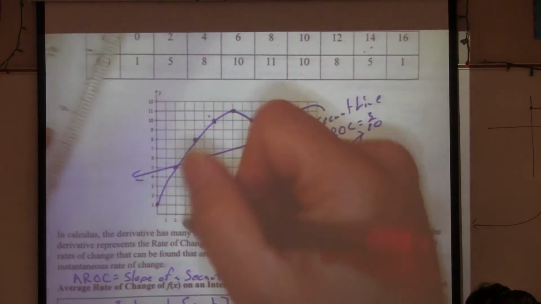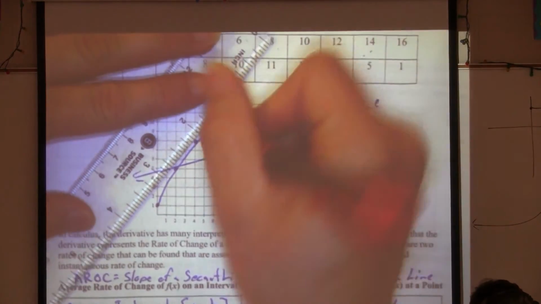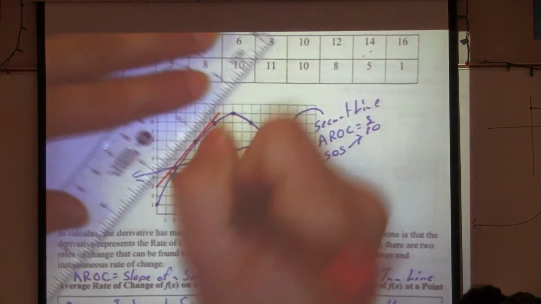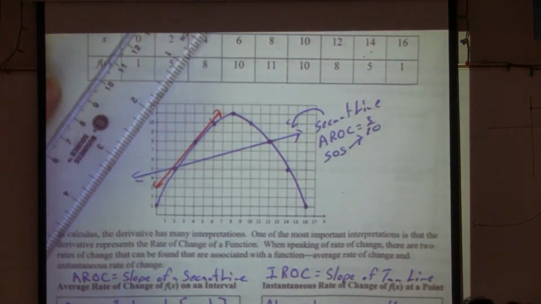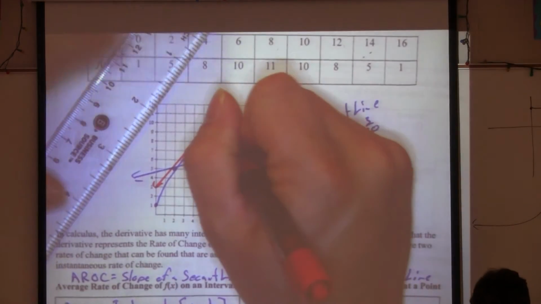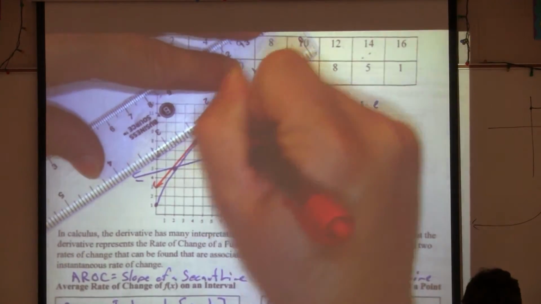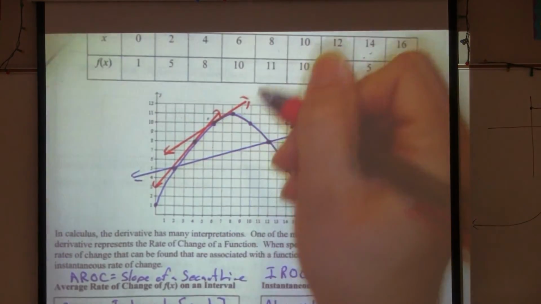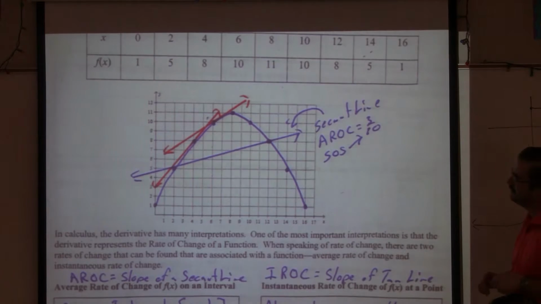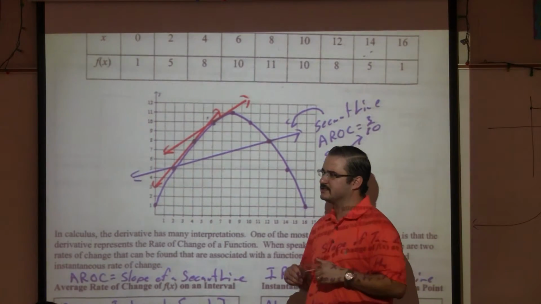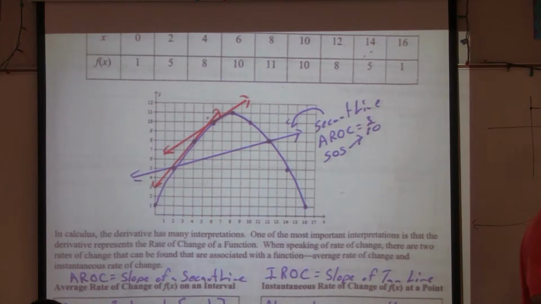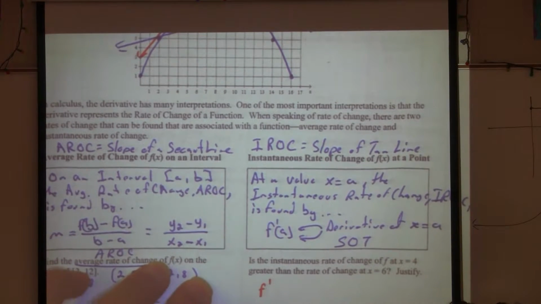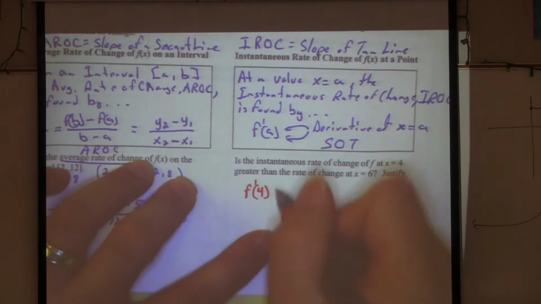So I'm gonna go to 4, and I'm gonna draw a tangent line at that point as best as I can. And then I'm gonna compare it to the other tangent line at what? 6, right? And which one would be steeper? Which one is harder to climb? The one at 4 or the one at 6? So which one would have a greater value? The one at 4, so how would I say that? f prime at what? 4 is what?